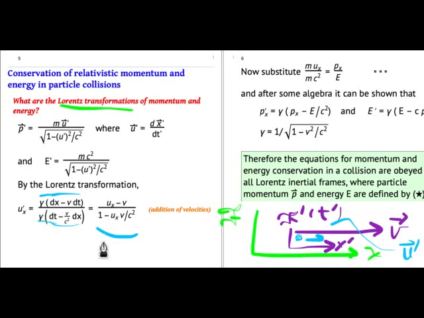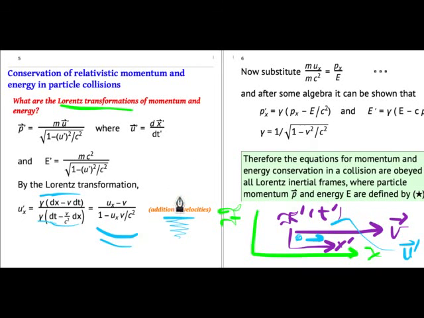So that's the relation between the velocity as observed in the prime frame of reference and the velocity as observed in the unprime frame of reference. You should recognize that formula. It's an example of the addition of velocities.